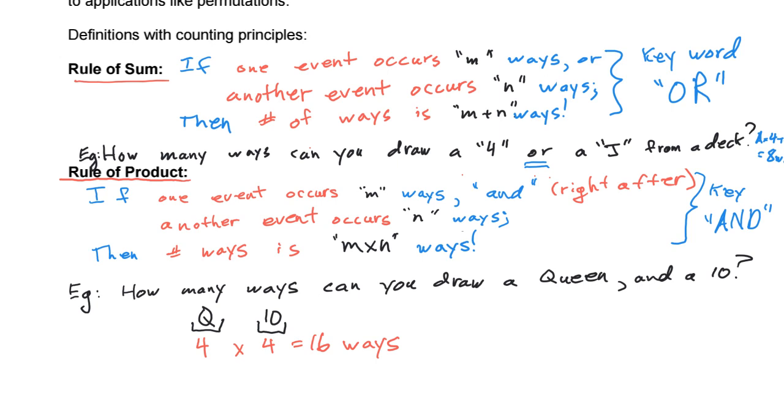And that's why we have 4 times 4, because there's 4 queens and then 4 tens. And then we multiply them to get 16. Pause the video and copy this down. Then we'll move on to the lesson for the day, which is called the Factorial Notation.